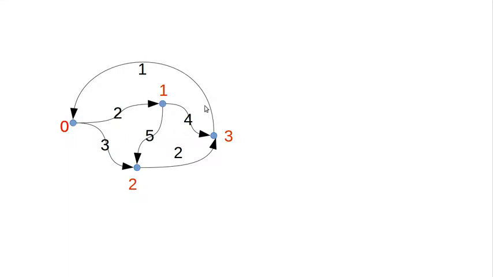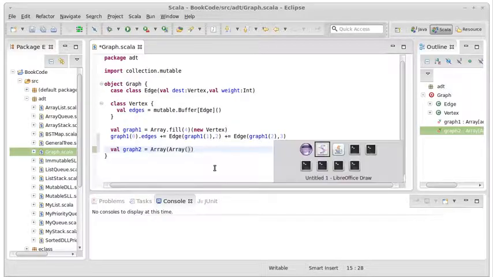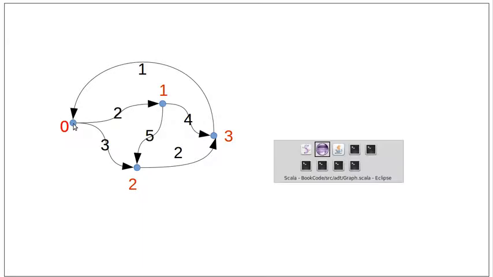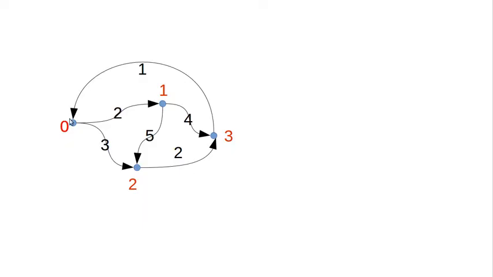But I'm going to use 0 in this case because we only have positive weights in this graph. So vertex 0 does not connect to itself, so I'm going to put that in there. In the next slot, this is its connection to vertex 1. There was a weight of 2. In its connection to vertex 2, there was a weight of 3. And it does not connect to vertex 3.